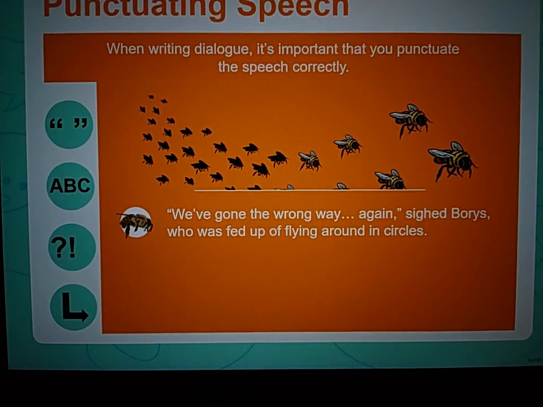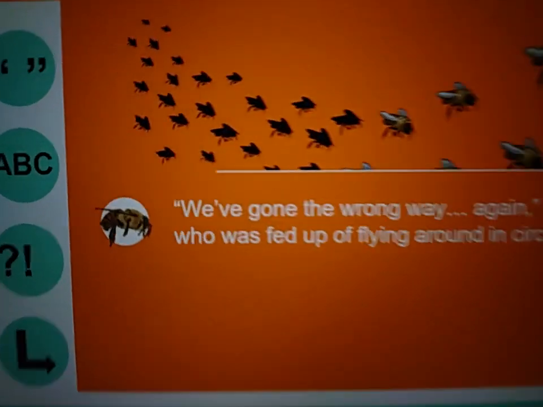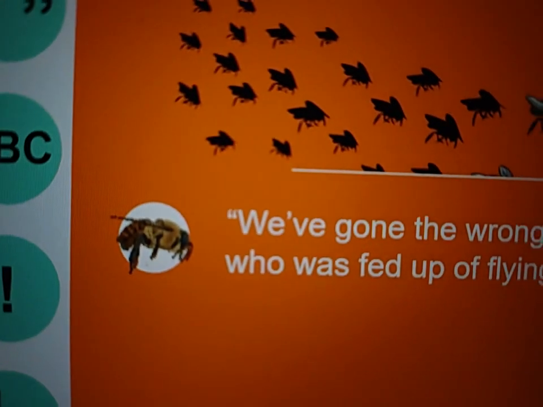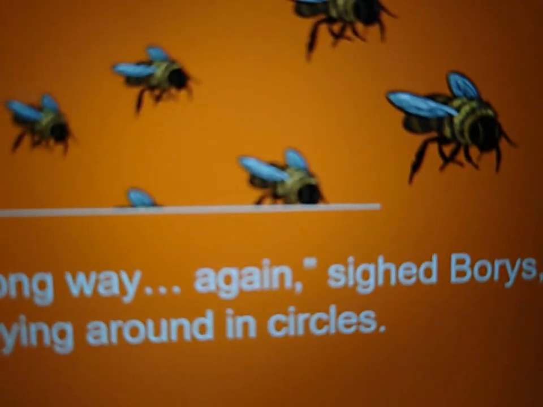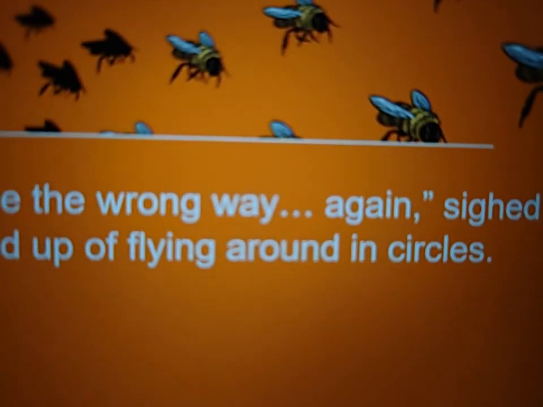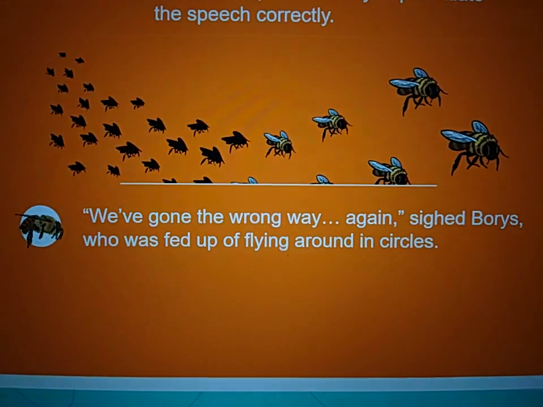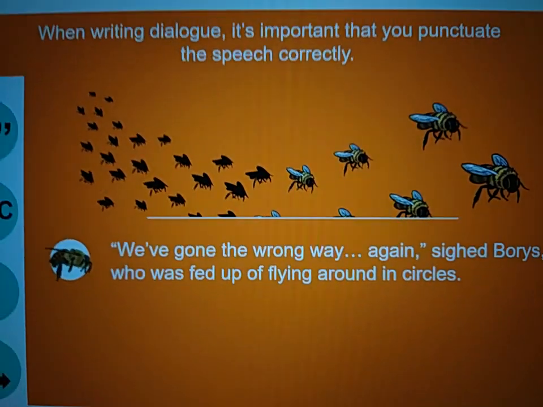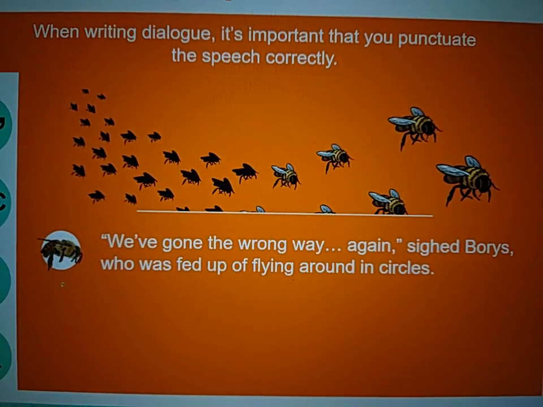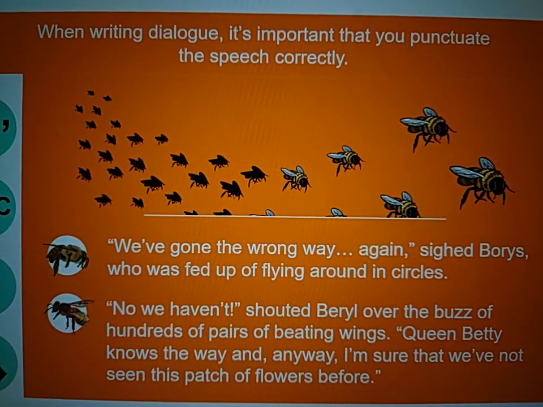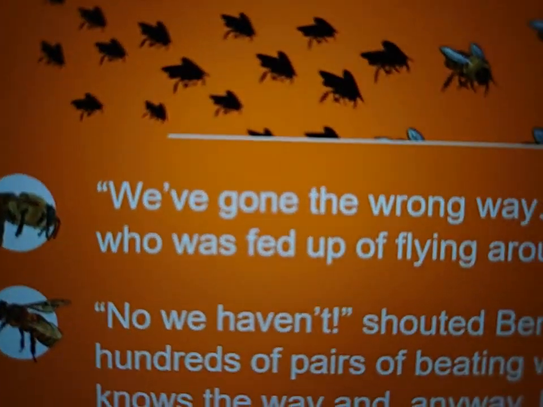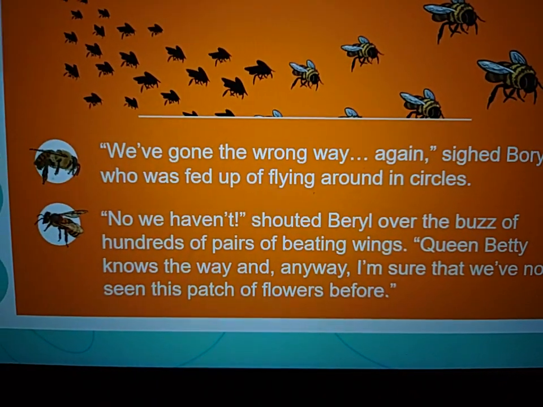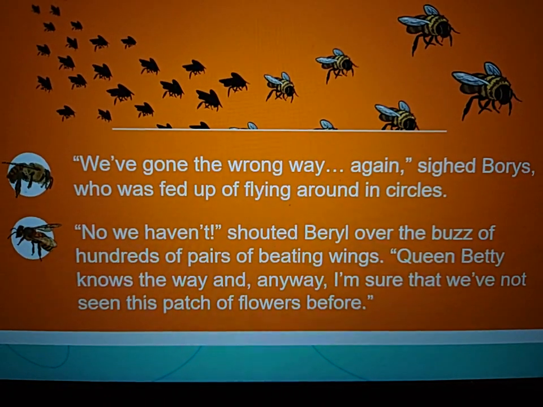We've gone the wrong way. "Again," inverted comma, and then comma after again. Sighed Boris, who was fed up with flying around in circles. "No, we haven't!" Exclamation mark. Shouted Beryl over the buzz of hundreds of pairs of wings.